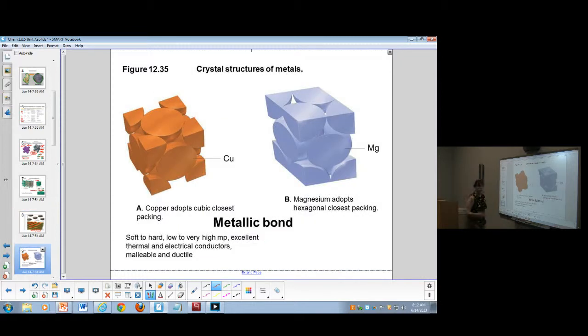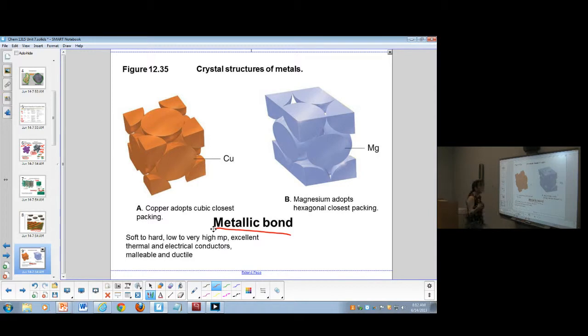And so these are the structures of a couple of the different crystals that use metallic bonding. This is copper, and this one's magnesium. The reason they look a little bit different is because of the way they get packed together, which we'll look at briefly in a little while.